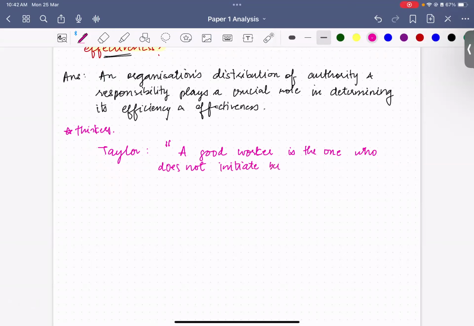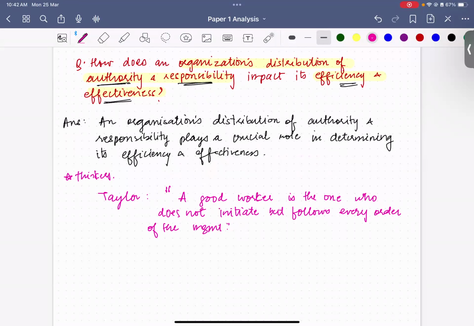Now, see, before you directly jump to the body part, I think a little bit of explanation would also help. What do you understand by authority and by responsibility? There's another concept of power as well here. Authority is legitimate power, the power to direct someone legally in a particular boundary.